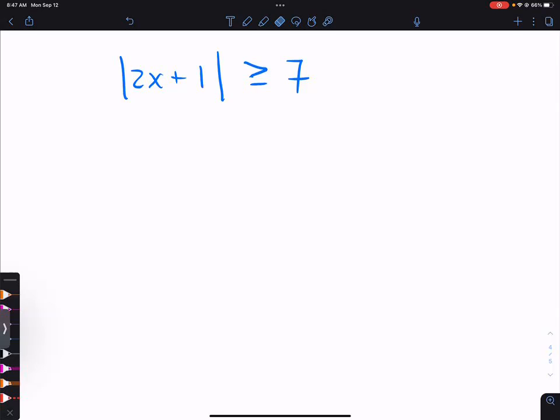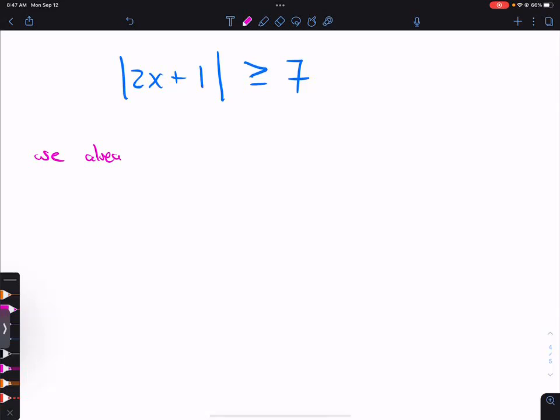Well, we know how to solve the equation, right? And we saw with the one at the beginning that the equation is related to the inequality at least. This one's even greater than or equal to, so we're going to be using square brackets, including endpoints. What do we know already about this or something very close to this?